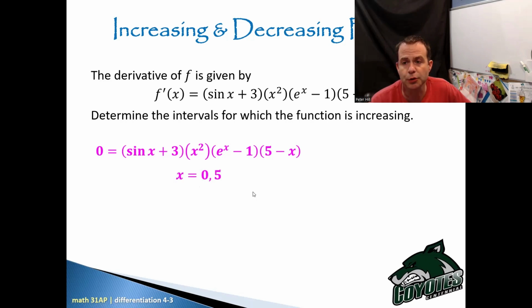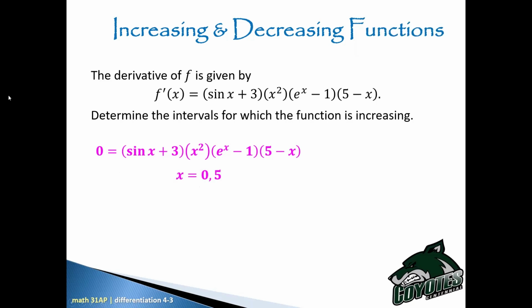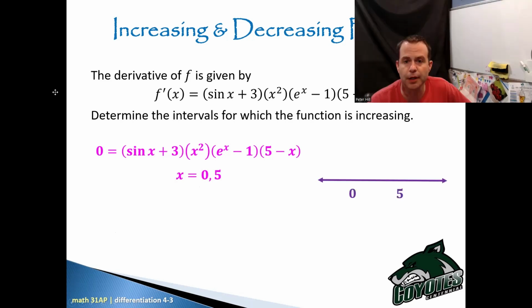I'm then going to plot those on a number line. I'm just going to hide my face while I do that. Plot those on a number line and then test each region. Okay. So there's my number line. To the left of 0, in between 0 and 5, and to the right of 5. You're testing those into the derivative to see whether you get out a positive or negative answer.